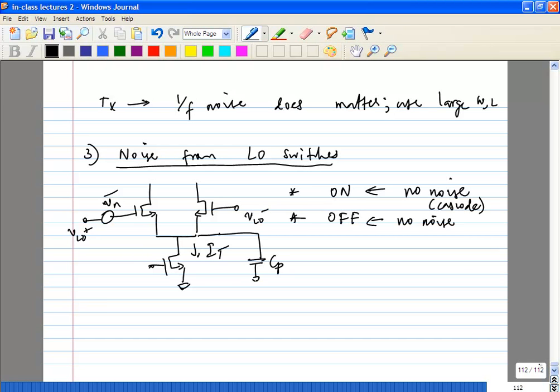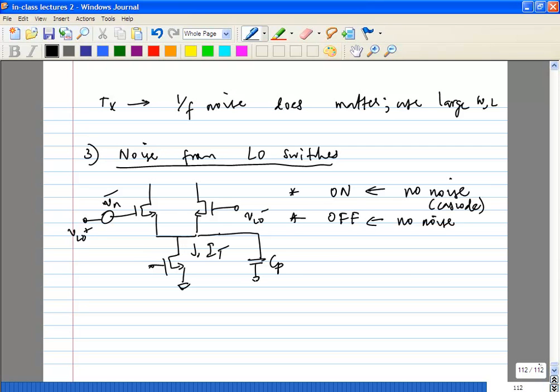So what does this Vn do? You want the LO signal to switch at a particular, very deterministic instant. But what this Vn does is it changes your overall VLO plus to VLO minus profile.